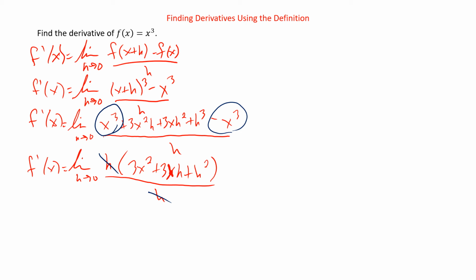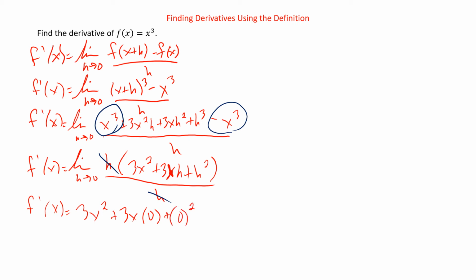So now if we plug something in, we're not going to get 0 over 0. So let's plug in 0 for h. F prime of x equals the limit. No, we don't need the limit anymore. We're plugging it in. So f prime of x equals 3x squared plus 3x times 0 plus 0 squared.